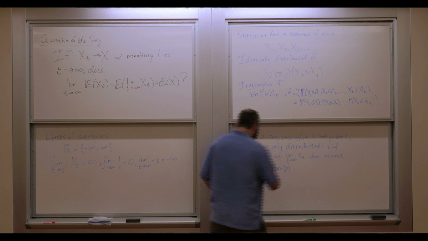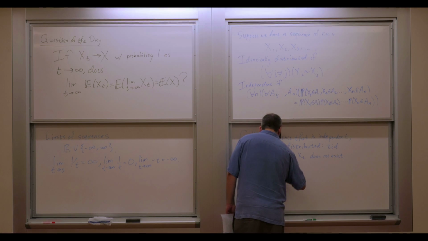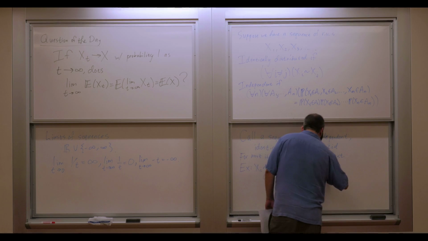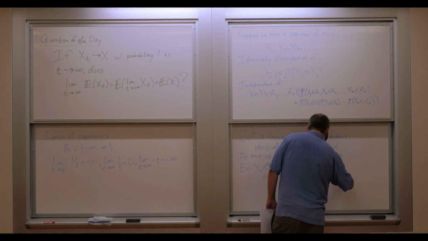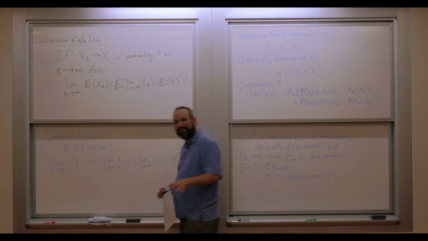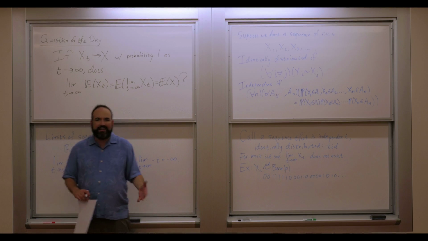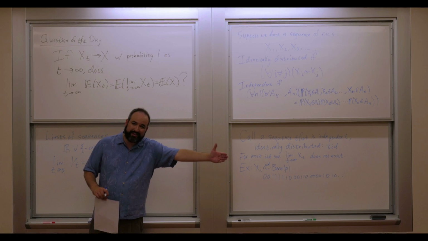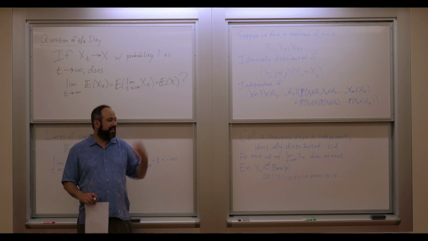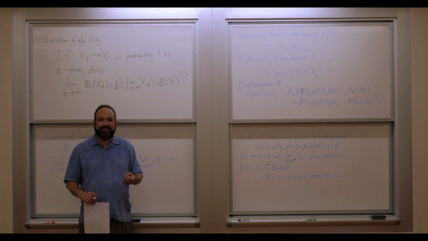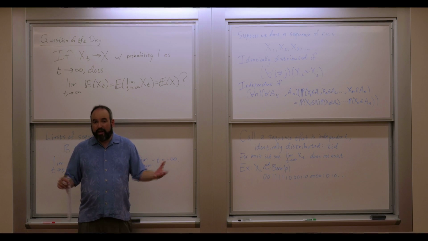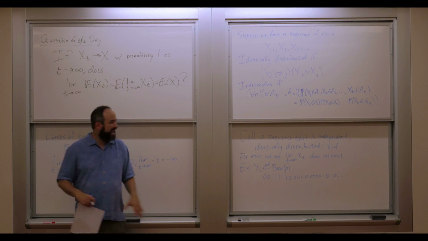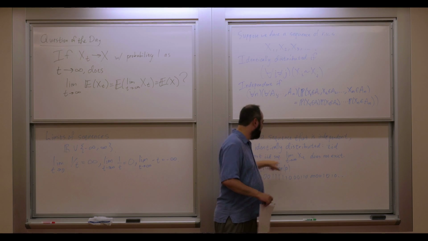If we start drawing from that sequence, we may get zeros and ones and zeros and ones and so on. But no matter how far out in the sequence we go, with probability 1, there'll always be another 1 farther out. And with probability 1, there'll always be another 0 farther out. Because it never quits jumping back and forth between 0 and 1, we don't have a limit. With probability 1, the limit does not exist. And that's true for most IID sequences.